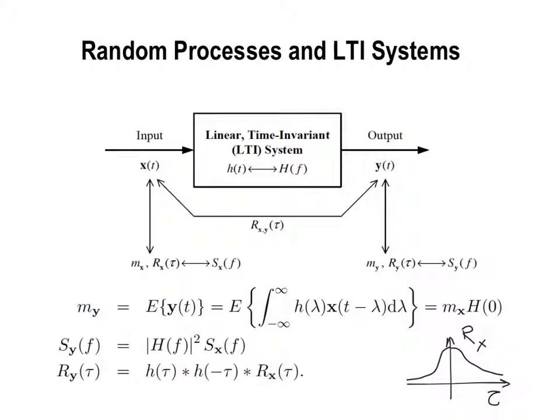So I ended up with some expression which is proportional to the second order value of the function, because Rx of tau includes x of t times x of t plus tau. So it's as if it's proportional to x squared, right? So it's proportional to the square of the magnitude of the function, right? And it still shows me the effect of time variation, but only in terms of the shift, right? And the good thing is that in this case it has only one time representation, the shift.